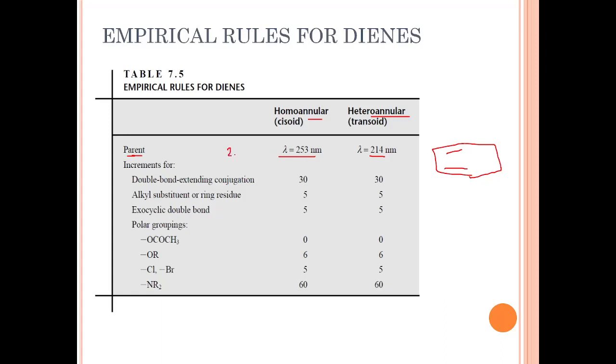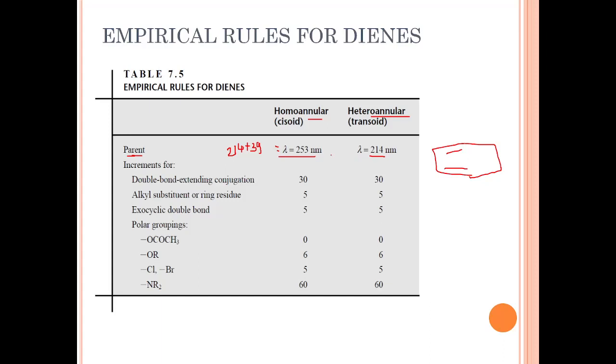So 214 plus 39 for homoannular double bonds, then it will be 253. Nowadays people directly consider the basic value of the homoannular diene as 253, and for heteroannular dienes or transoids the basic value is 214.